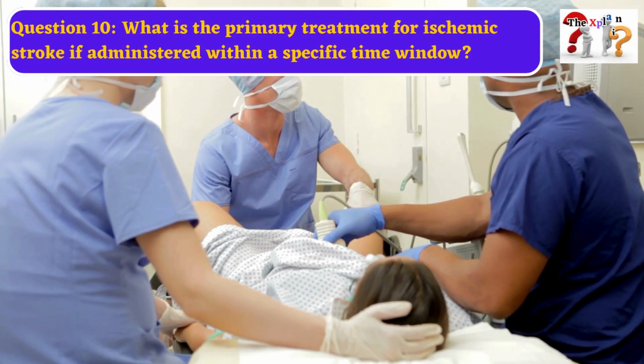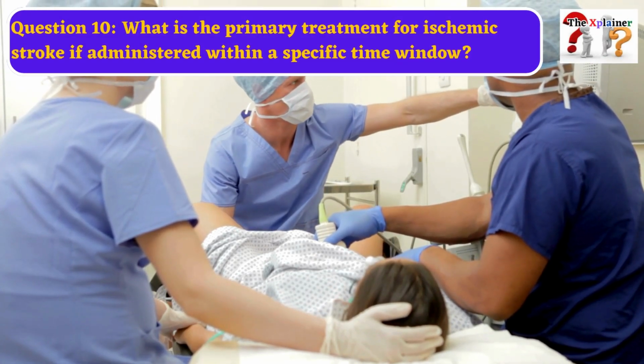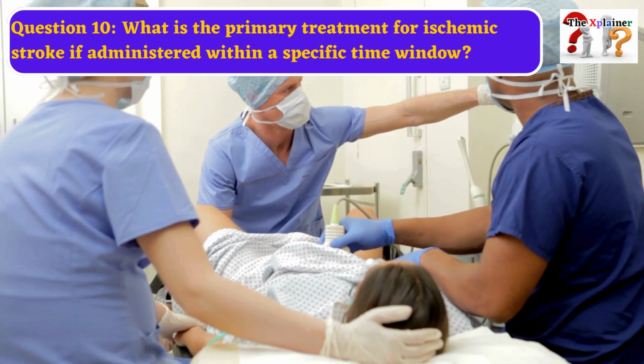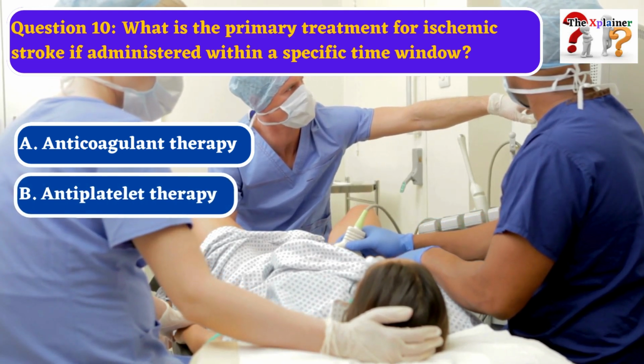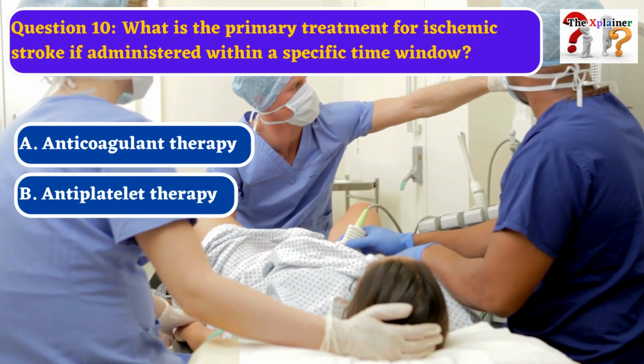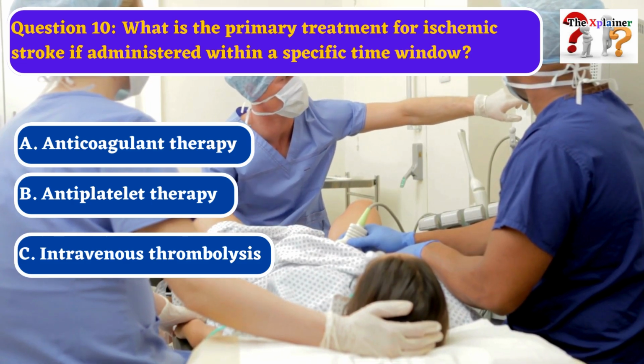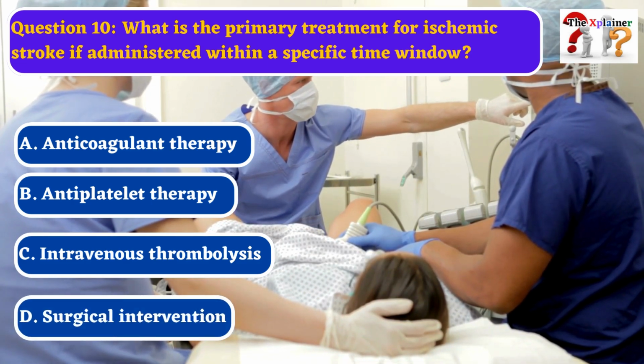Question 10. What is the primary treatment for ischemic stroke if administered within a specific time window? A. Anticoagulant therapy. B. Antiplatelet therapy. C. Intravenous thrombolysis. D. Surgical intervention.